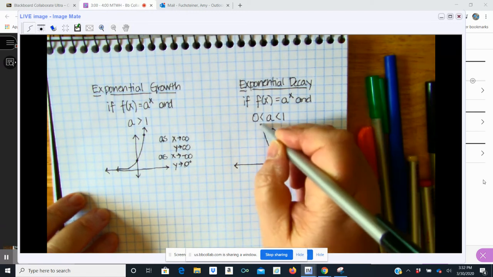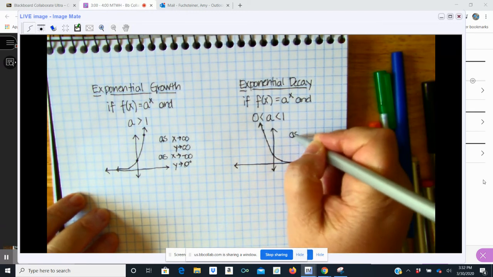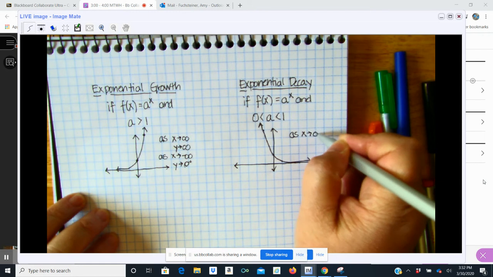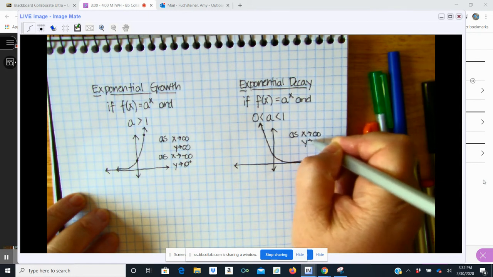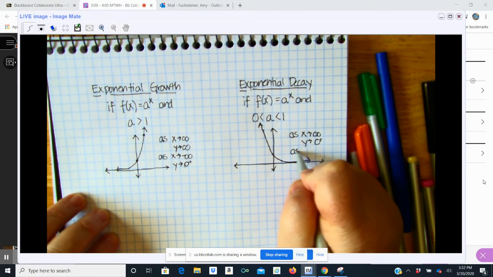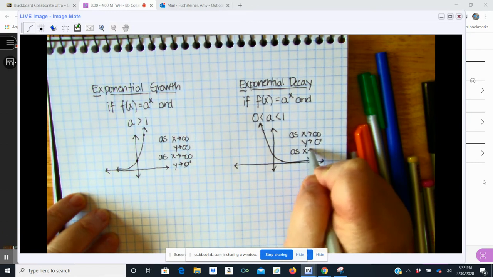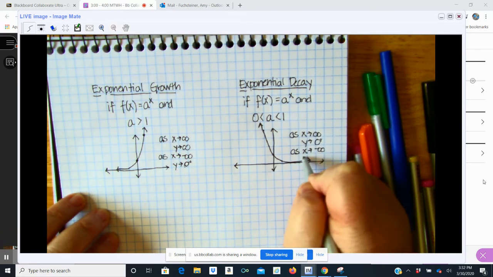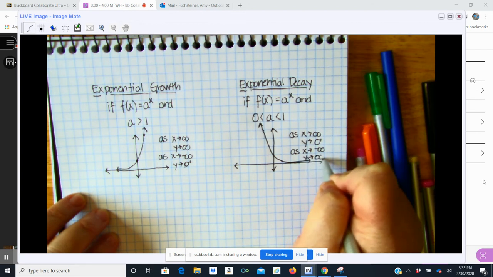And in this case, as x goes to infinity, your y value approaches 0 from the top. And as x goes to negative infinity, your y value goes to infinity.